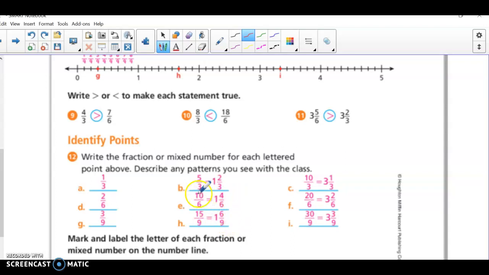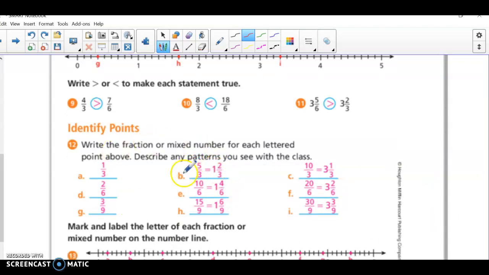And one thing you may have noticed, I said a little bit earlier, fractions mean division. So really 5/3 is the same as 1 2/3, or the same as 5 divided by 3. You get 1 with a remainder of 2, but really you know that we're dealing with thirds, so that's the way it worked out.